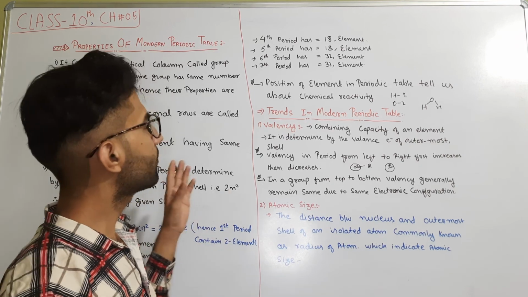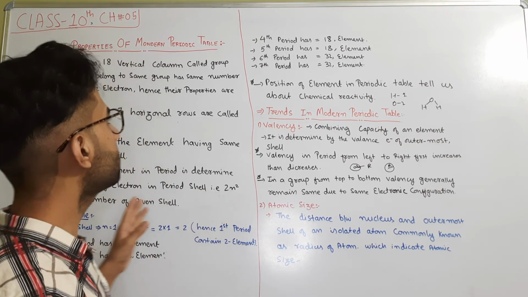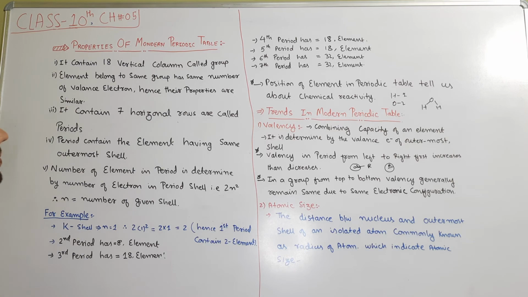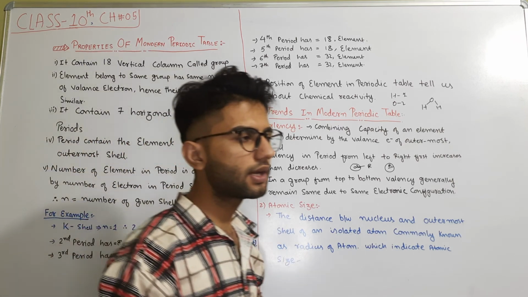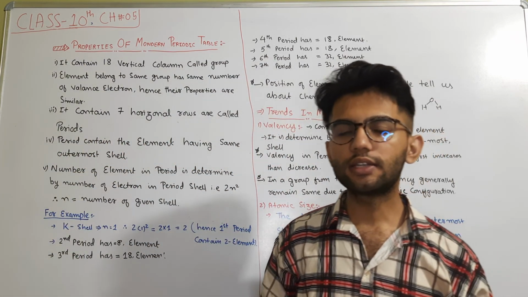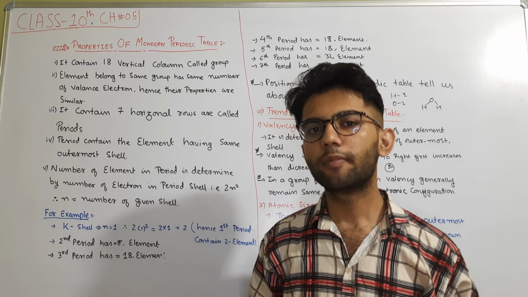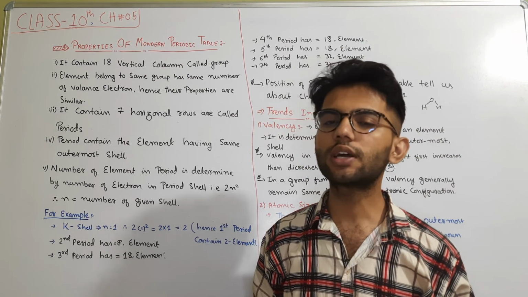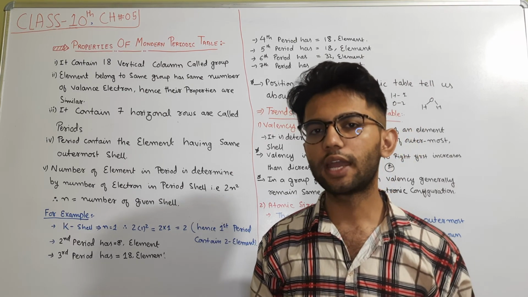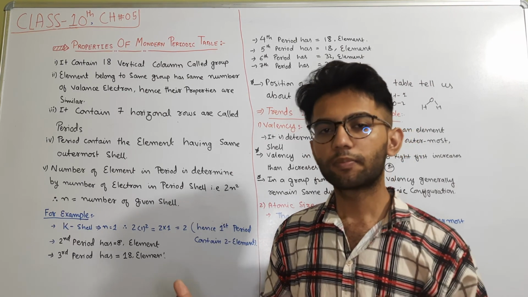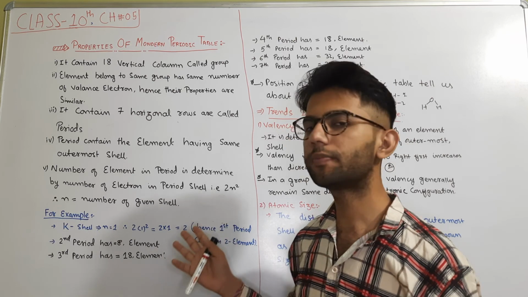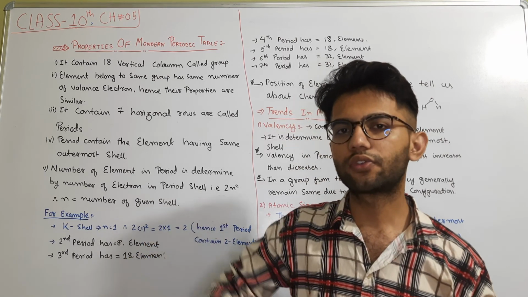Now here are some properties that we have to define, that is, the properties of the modern periodic table. One thing to keep in mind is that the modern periodic table resembles the Mendeleev classification. How Mendeleev classified the elements and made the table, the modern periodic table also follows that rule.